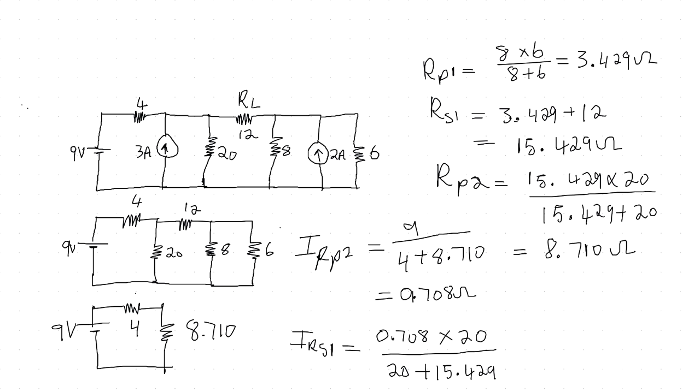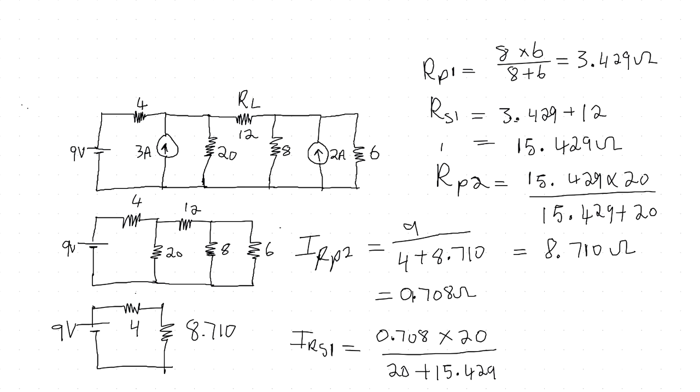So if I get the current through it, I have the current of these two because they are in series. They share the same current. So finding the current through RS1 is the same as finding the current through 3.429 and 12 ohm, because they are connected in series.